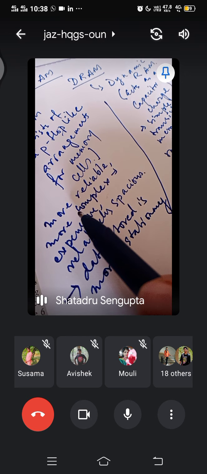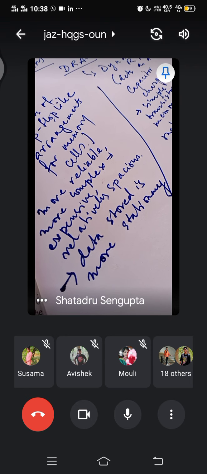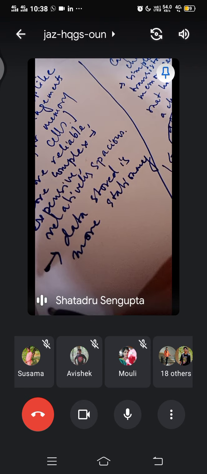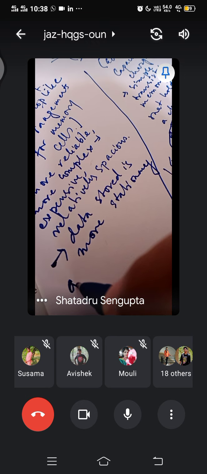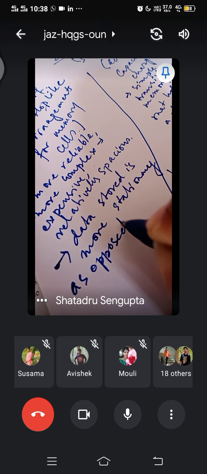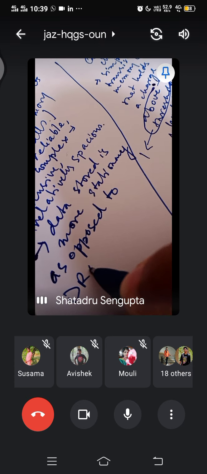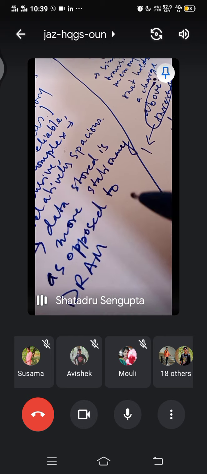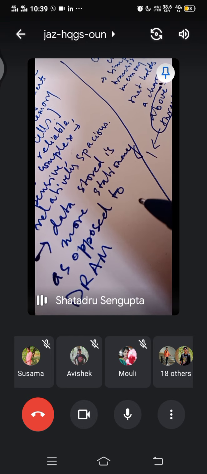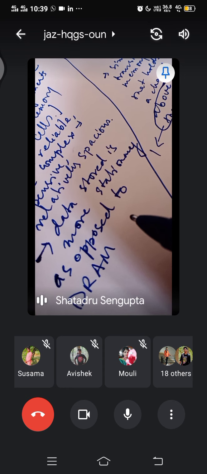That is why it's more reliable, as opposed to dynamic RAM, which is just a transistor controlling a capacitor.